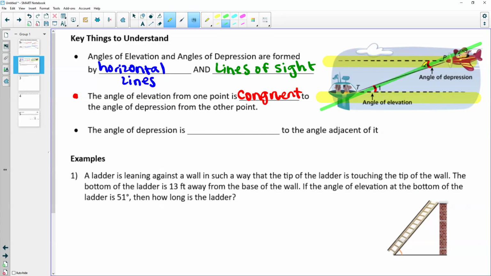The reason why these are congruent is because of the relationship between angle 1 and angle 2, going back to what we learned in semester 1. These angles are both on the interior and they're on alternate sides of the transversal. So we're going to notice here that angle 1 is congruent to angle 2 because they are alternate interior angles. So that is the reasoning behind this.